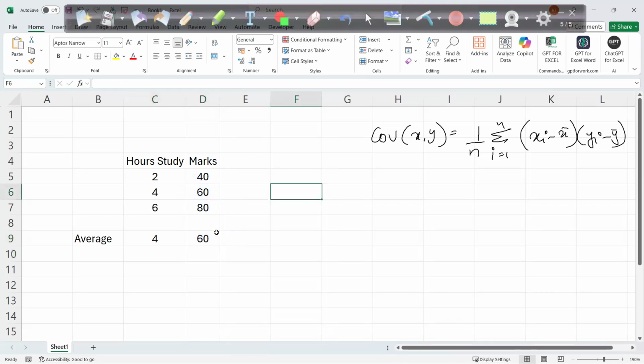Now once I got the averages, now what? Xi minus x average. Xi is this, x average is this. Yi minus y average. Yi is this, y average is this. So let's do that.